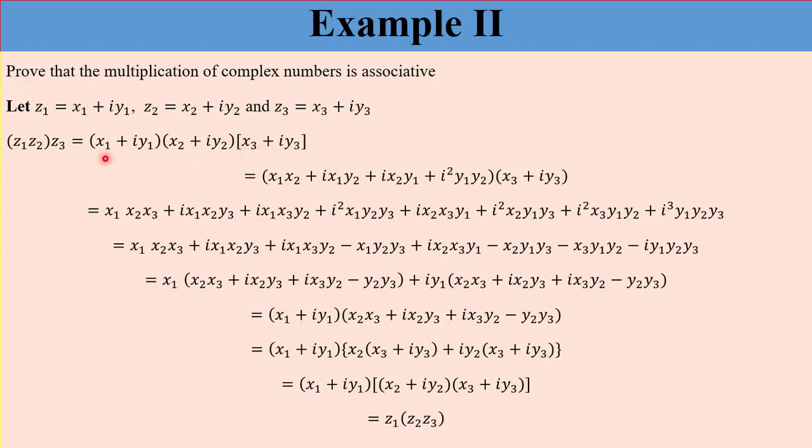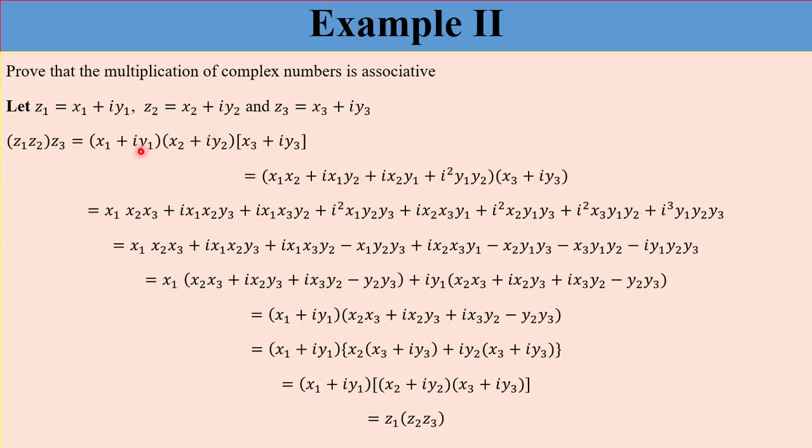So here we shall open brackets slowly. So we shall have x1 times x2, which is x1 x2, then x1 times iy2, which will be ix1 y2.